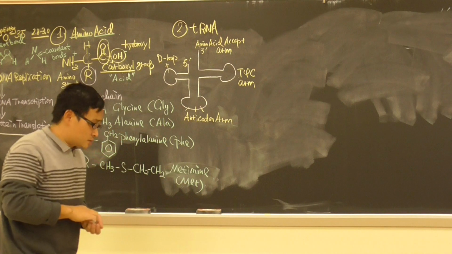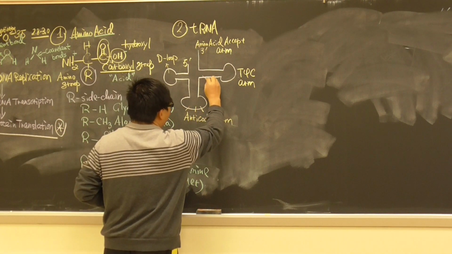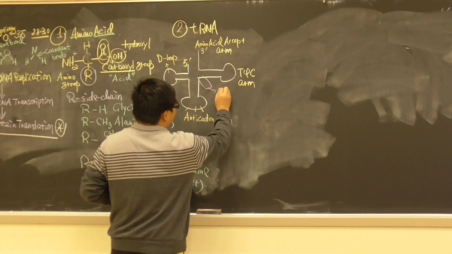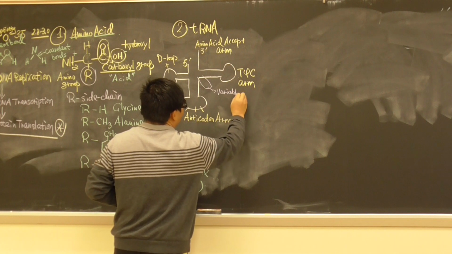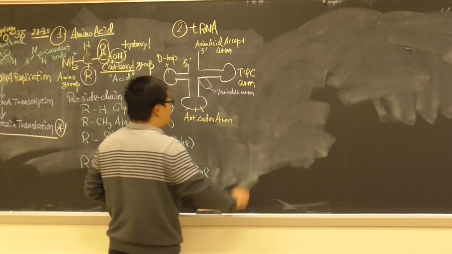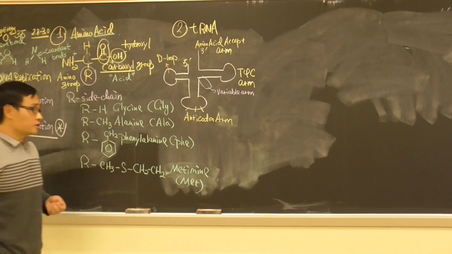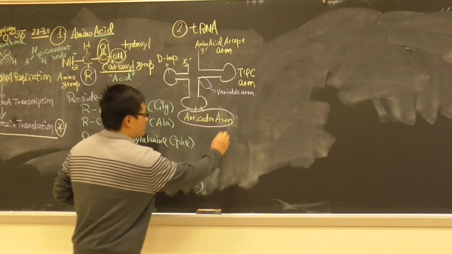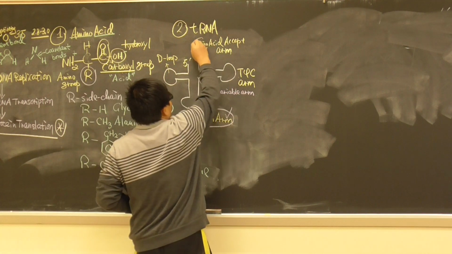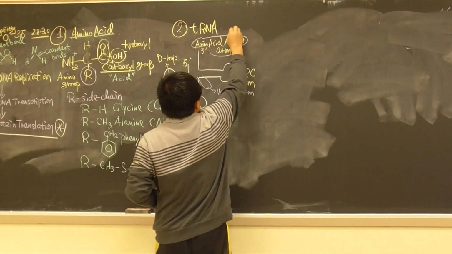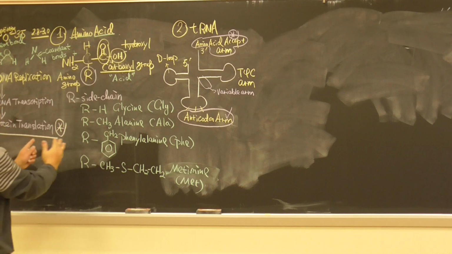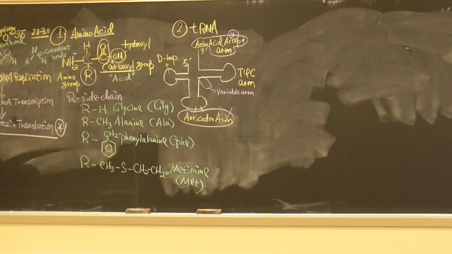Sometimes some textbooks also say there is a tiny arm here, which we call the variable arm. But regarding RNA translation, this anti-codon arm will be the key, and this amino accept arm will also be the key. These we're going to mention later on. So these are two basic pieces of knowledge we need to know before we talk about detail.